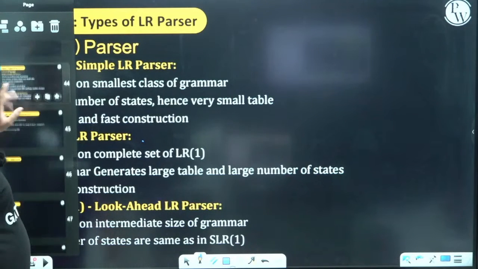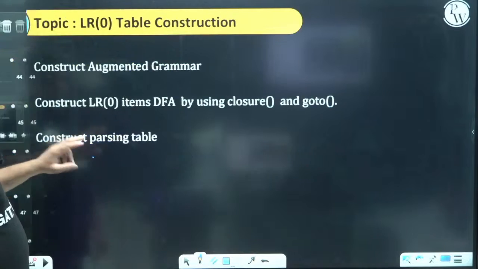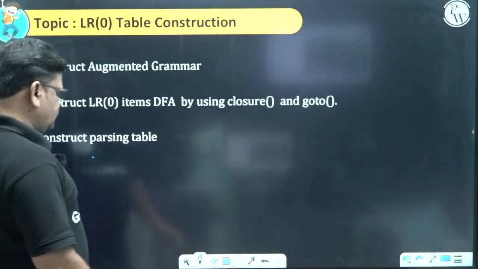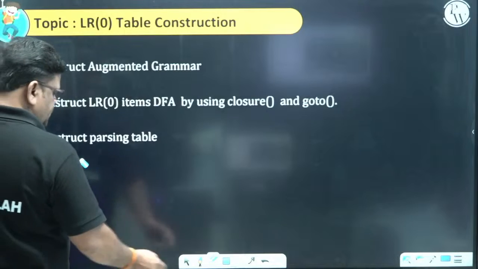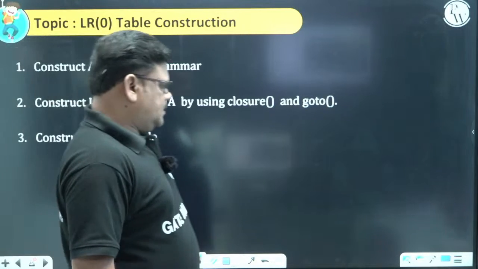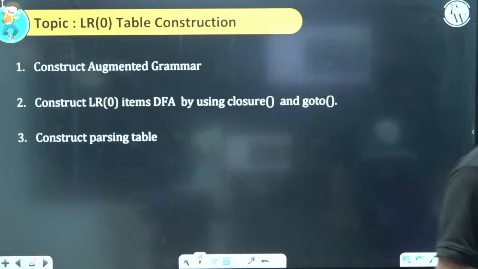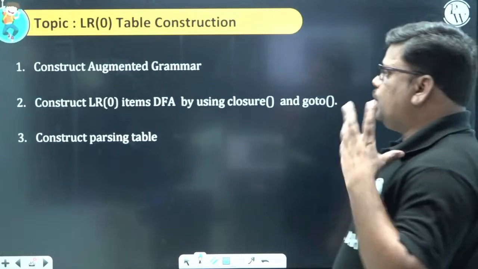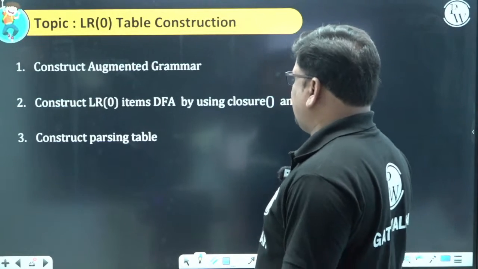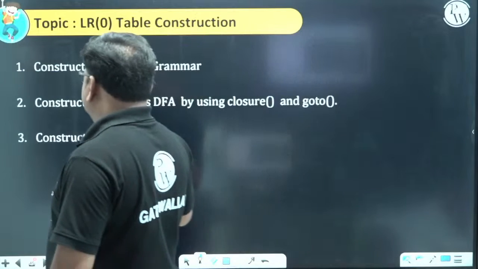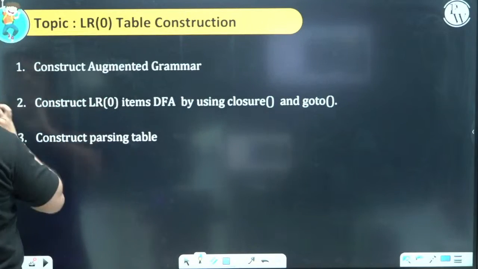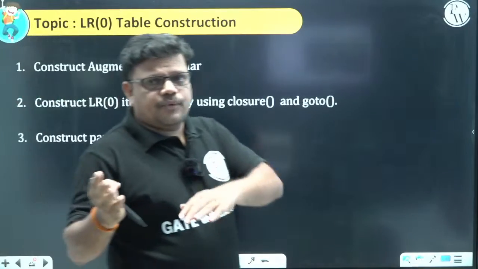See, LR0 table construction is an algorithm, a systematic procedure. Here also we have a systematic procedure. So these are the steps. If you want to construct an LR0 parsing table for any grammar, grammars are converted into tables.